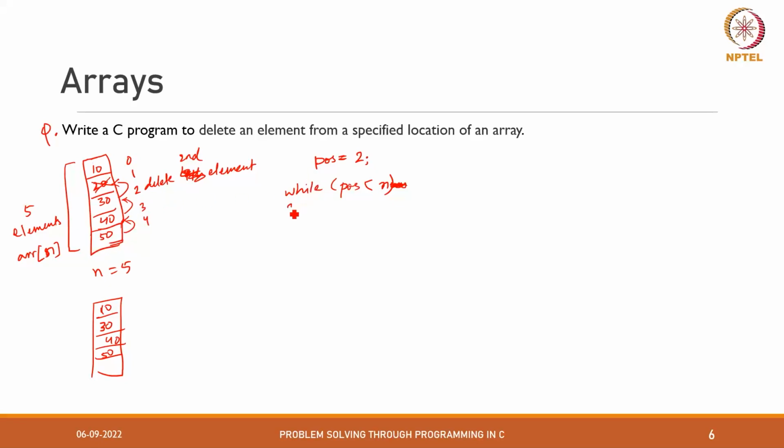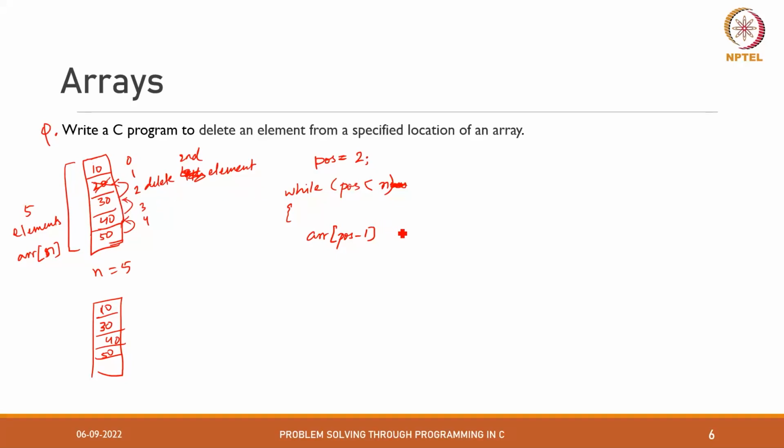Let's see what should be the statement. We are starting from the value of 2. POS is 2, so that means the value of 30. Now where does this 30 need to go? It needs to go to index 1. So what will we write? ARR of POS minus 1. For the first iteration that means ARR of 1, the second element, which we are deleting.